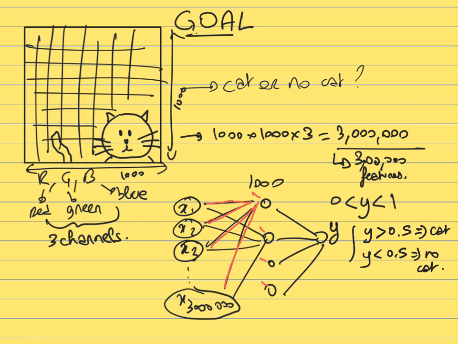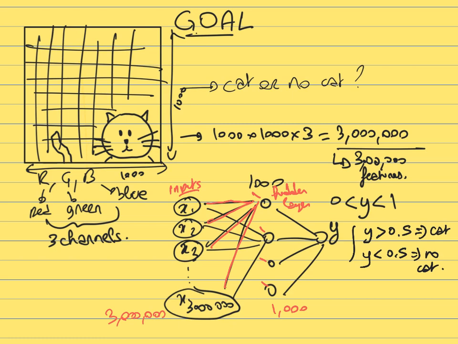For example, even if you only look at the connection between the input neurons and the hidden layer neurons. Here you have 3 million input neurons, and then you have 1,000 neurons in the hidden layer.